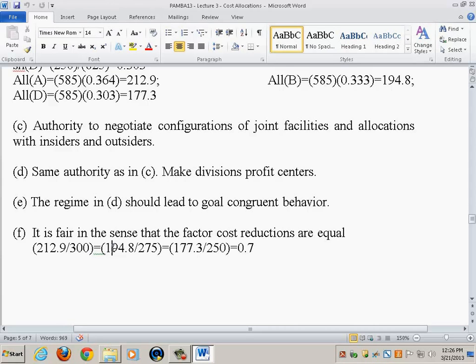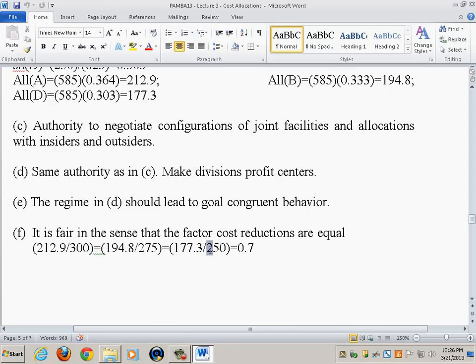B was allocated 194.8 actual, right here. If it went alone, it would be 275. So how much did it reduce cost? To 0.7 ratio of going it alone. And D, 177.3 actual allocation by the method we use.